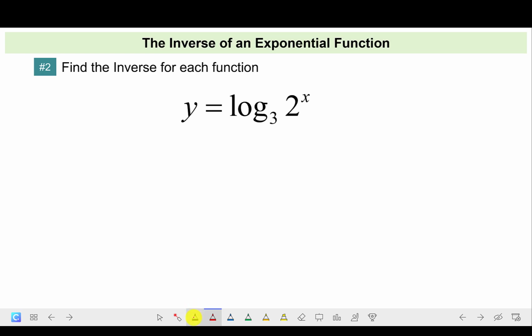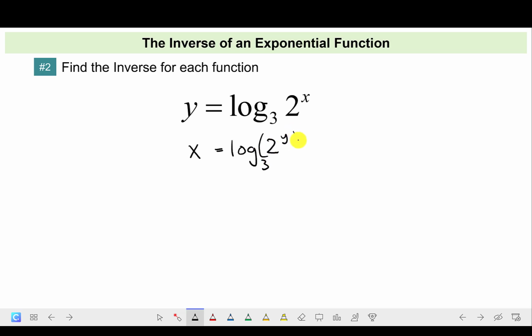If you did this, let's just do it. So I'm going to go ahead and swap, and this is going to be 2 raised to the yth power. Now again, I want to get that y alone, but I have this log here.